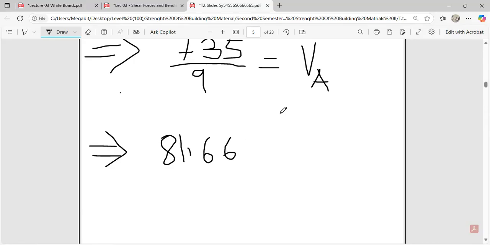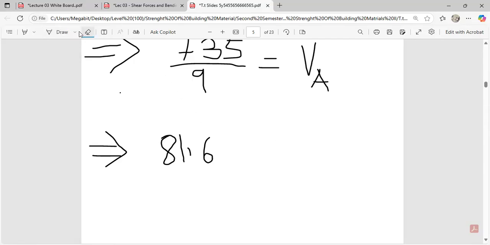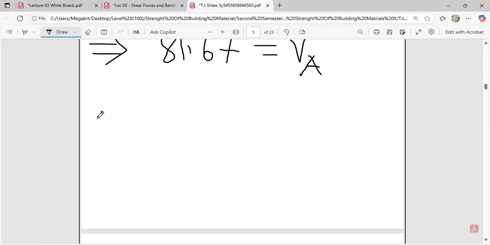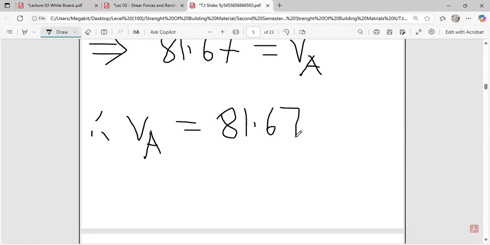Because the other one you left in 2 decimal places, please remember to also leave this one in 2 decimal places, so this is going to become 81.67 kilonewton, equal to VA. Therefore, our vertical force at A is equal to 81.67 kilonewton.